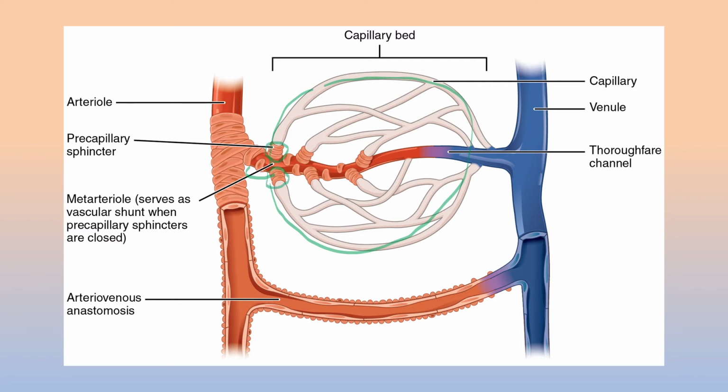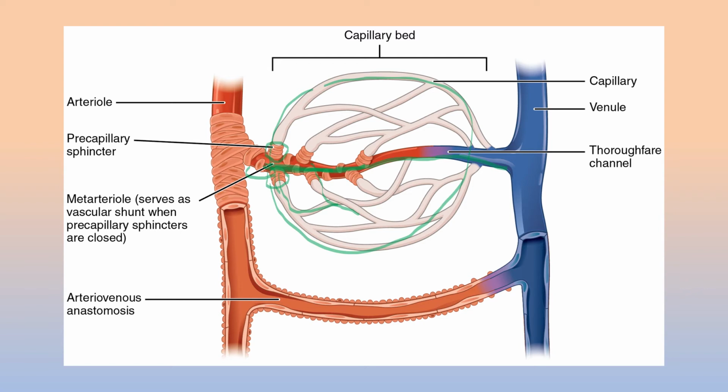So notice if they contract, you will not have blood flowing through there. It can't because it's closed. It's going to force all of the blood, like I said, kind of like a shunt, to move through here. If these do not contract, if you need blood flowing in this particular area, these open up, and then it would allow the blood to flow through here. So it just depends on what's occurring at this particular time.